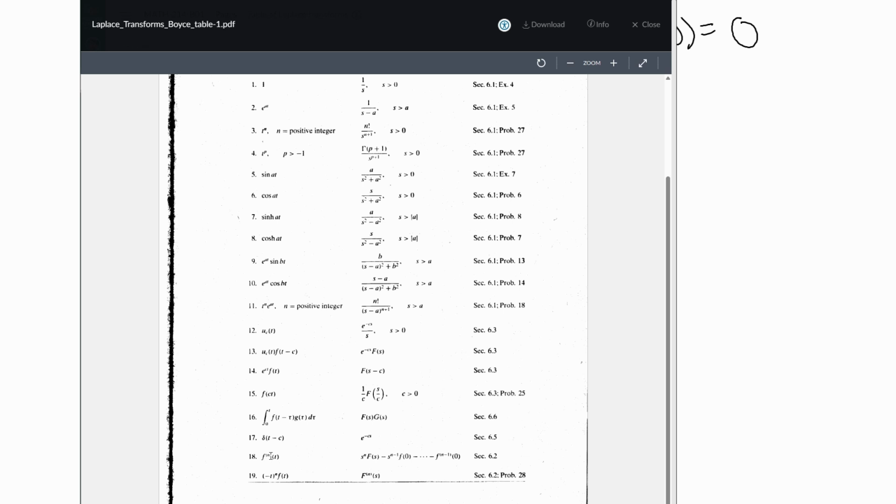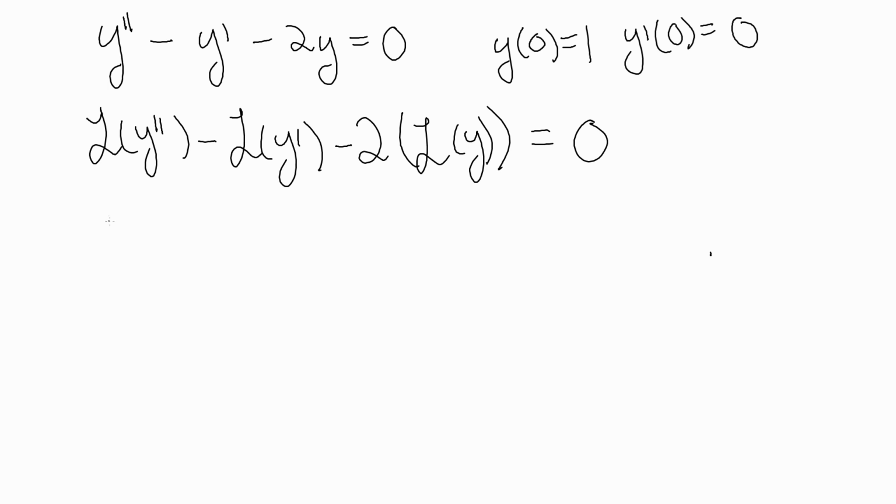And basically what this identity is saying is that if you have some function f, in this case it's y, n is the order of the derivative, and t is the independent variable, then your transform will take on this identity here.